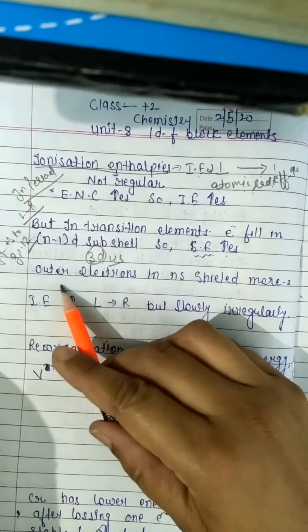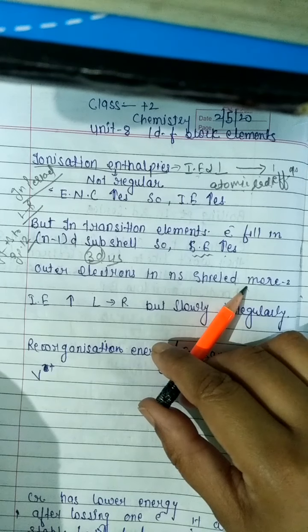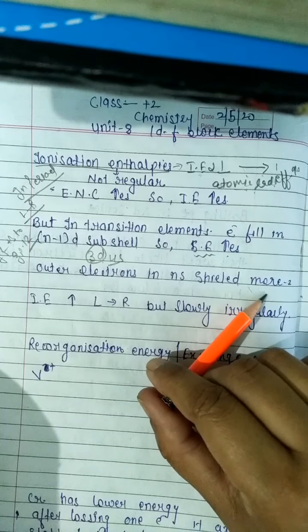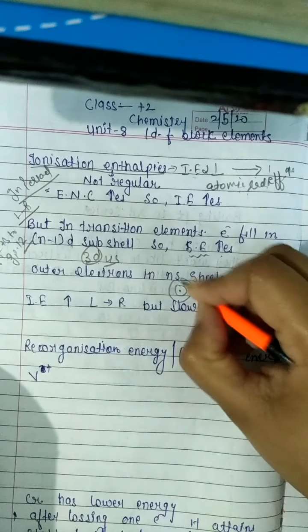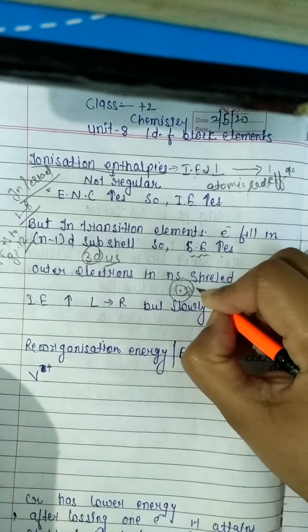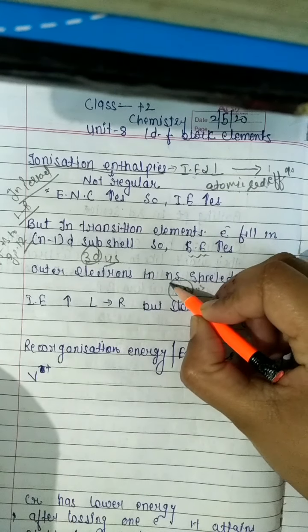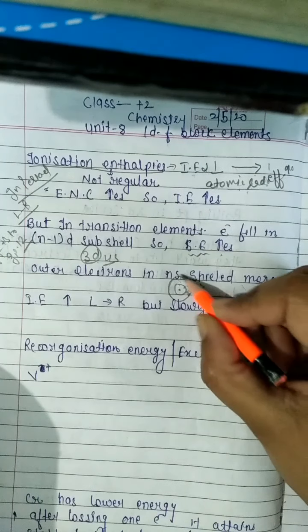It means the outer electron in ns is shielded more. So the ns electron is shielded more.